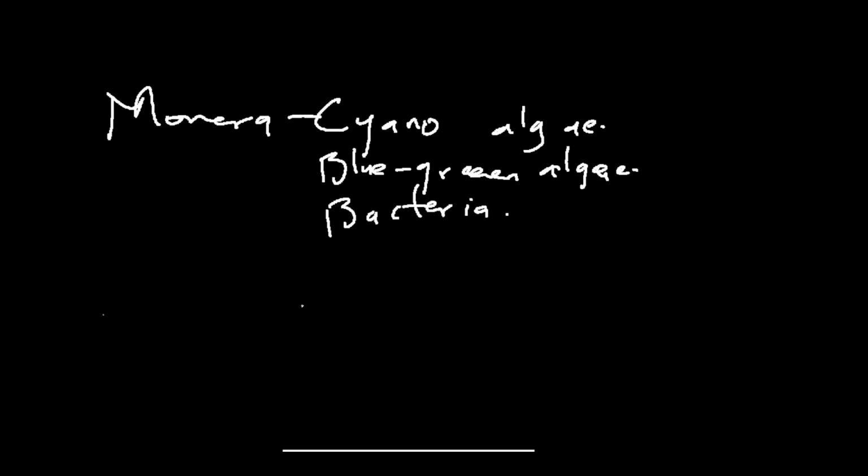So these ones are called eukaryotes. Are we together? So what are eukaryotes? Eukaryotes are organisms that do not have the nucleus in the cell.